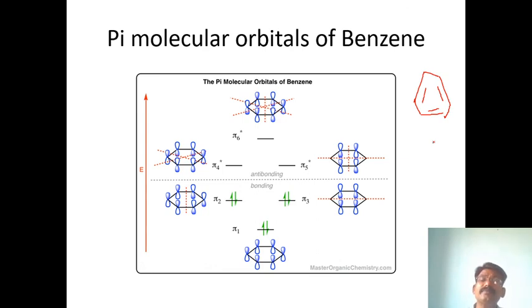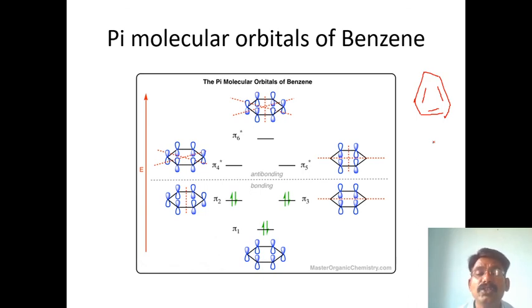Here also C1, C2, C3, C4, C5, C6 are pi 1, pi 2, pi 3, pi 4. So we have 6 carbon atoms, each having 1 electron, 6 p orbitals.